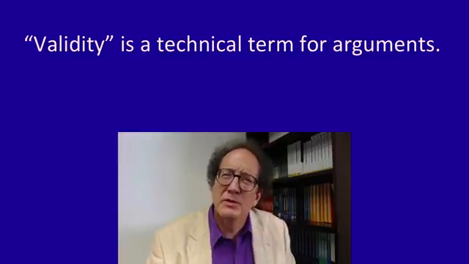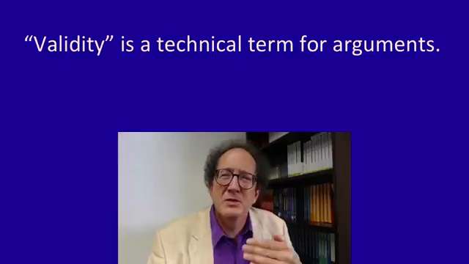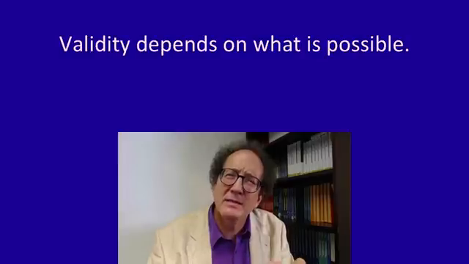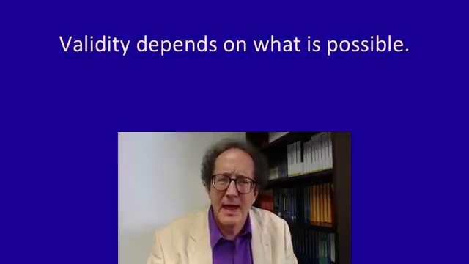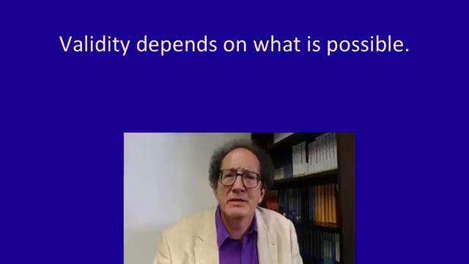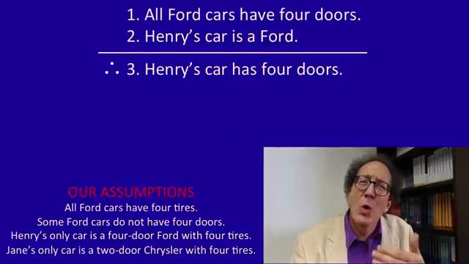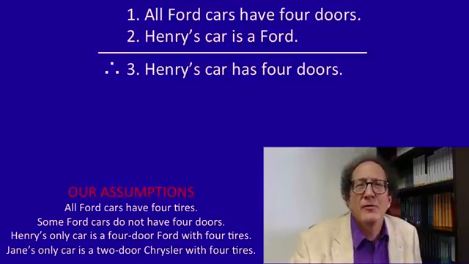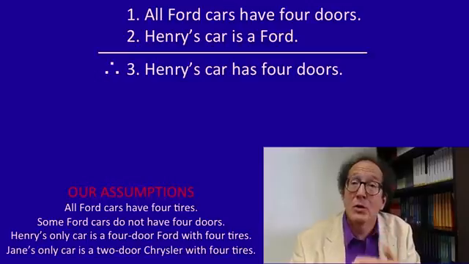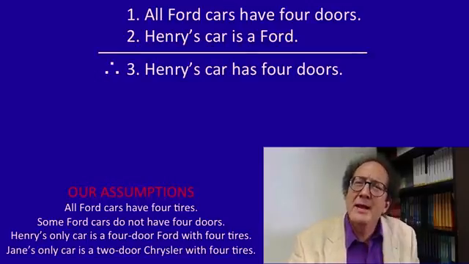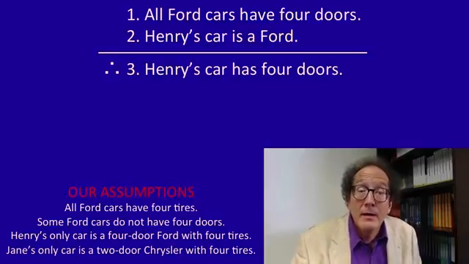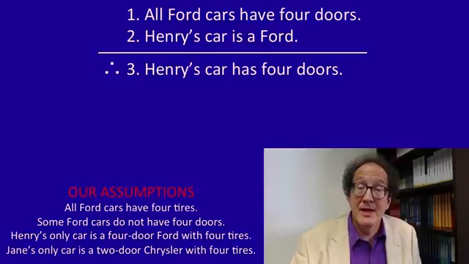The technical notion of validity that we're using here has to do with the relation between the premises and the conclusion, and in particular, it has to do with possibilities and not with the actual falsehood of the premise. So what we have to ask ourselves is, what would happen if it really were true that all Fords have 4 doors? It's not true in the actual world, but we're concerned with possibility. And if all Fords did have 4 doors, and if Henry's car was a Ford, then it would have to have 4 doors.